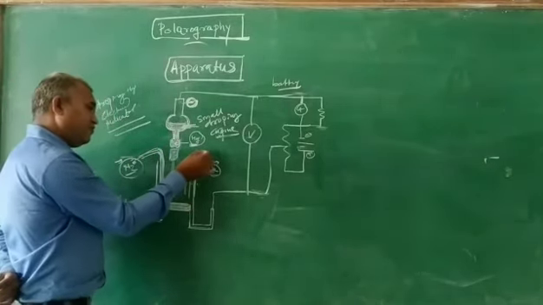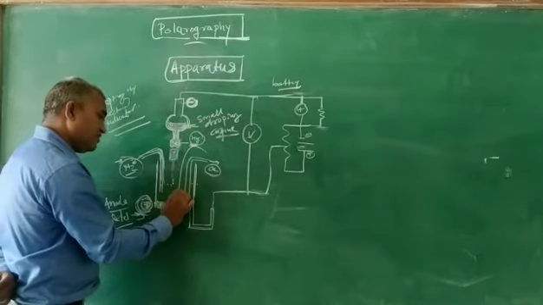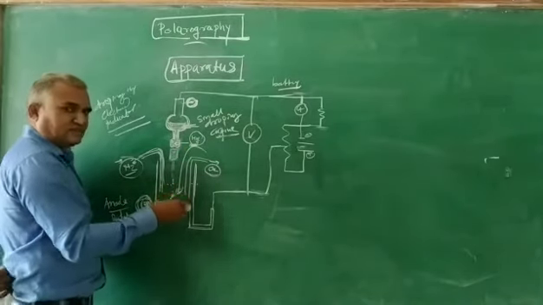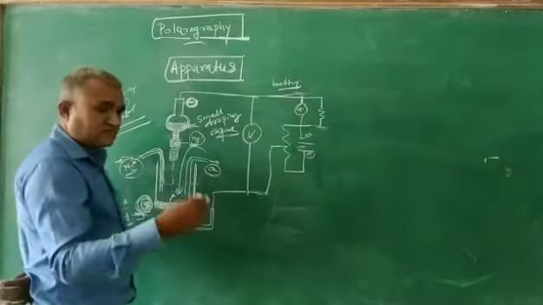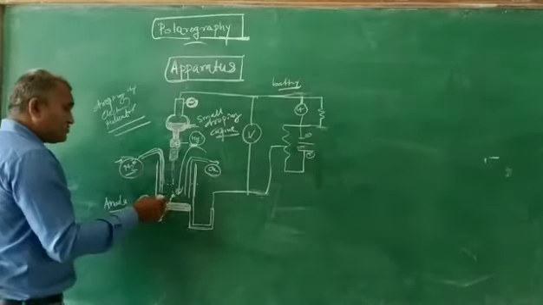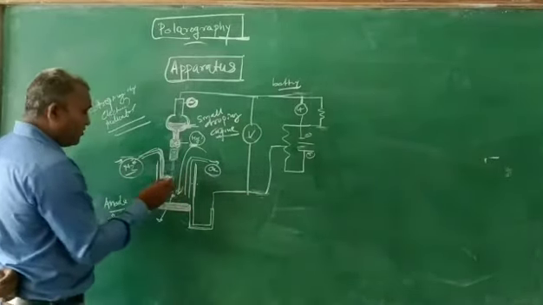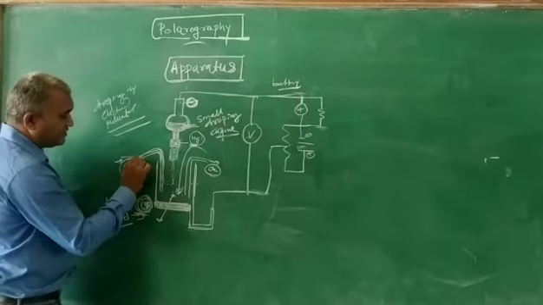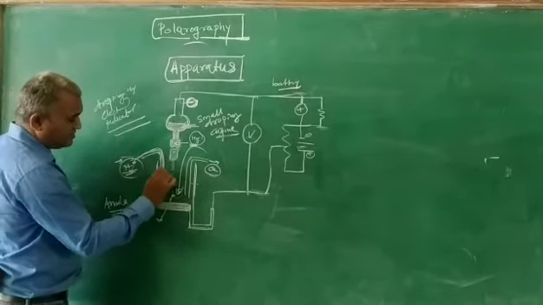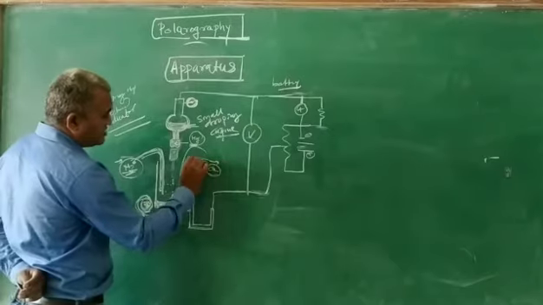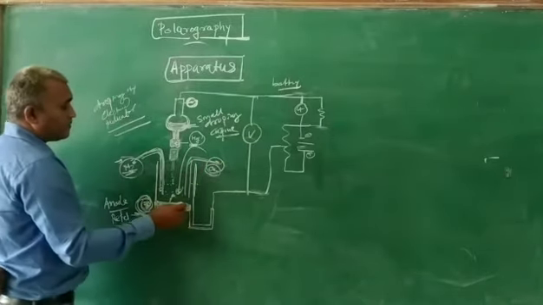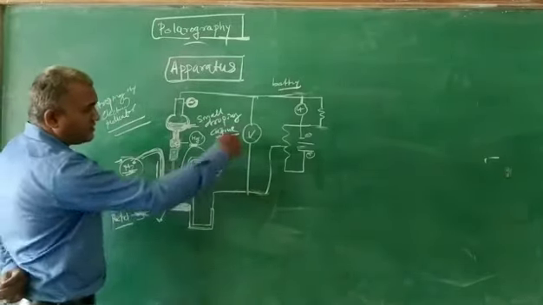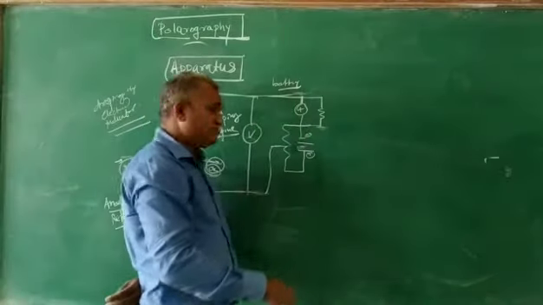When we put the solution in the cell, air bubbles or oxygen form. For removing oxygen, we insert nitrogen, and the oxygen is removed. Both cathode and anode are attached to the battery.